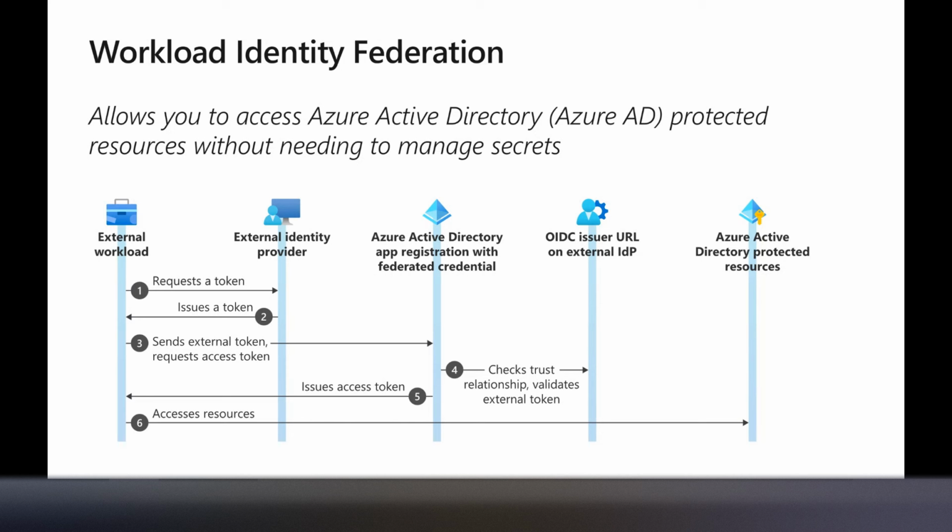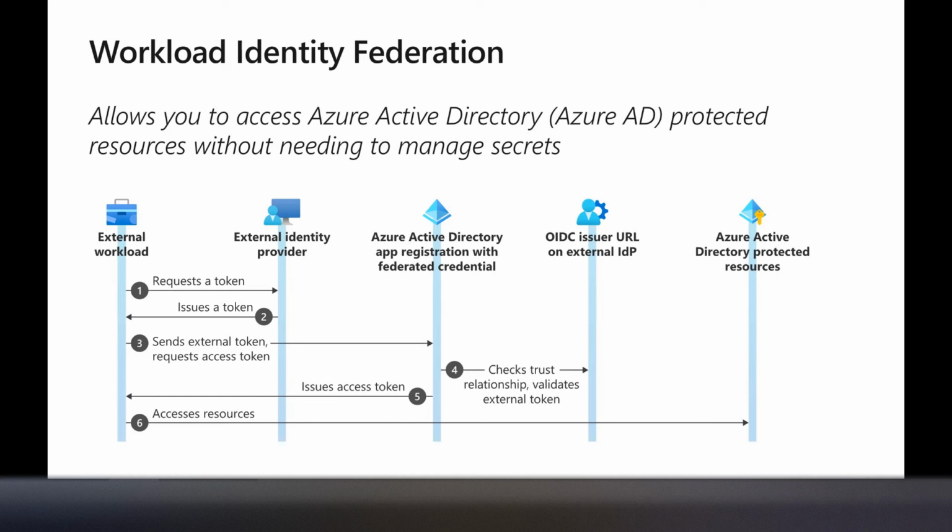That's buggy because somebody may take your secret somehow, or it expires, or it gets leaked into source control, and somebody may just see it. So all of these things are now avoided because you have federation between two identity providers, especially Azure AD and the external identity provider.